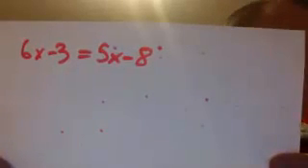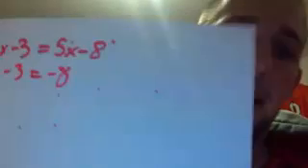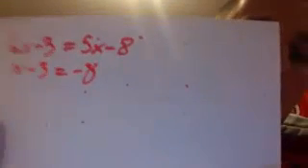Then I subtract 5x from both sides, and I get x minus 3 equals negative 8. Then I add 3, and I get x equals negative 5. Okay, that's pretty much it there.